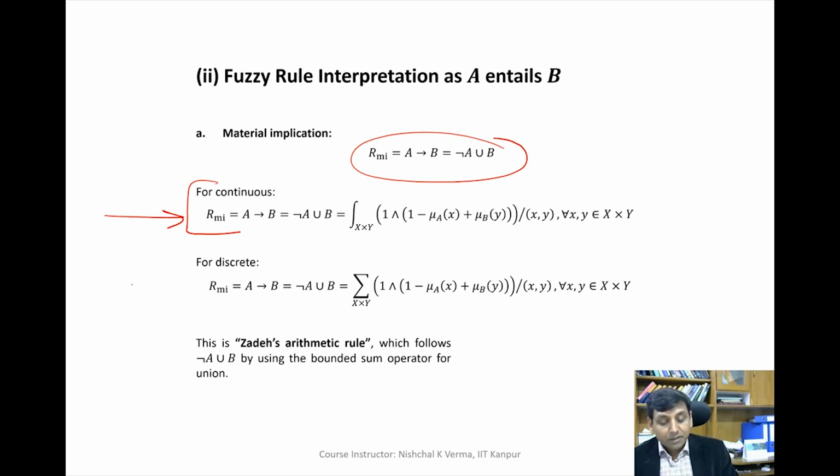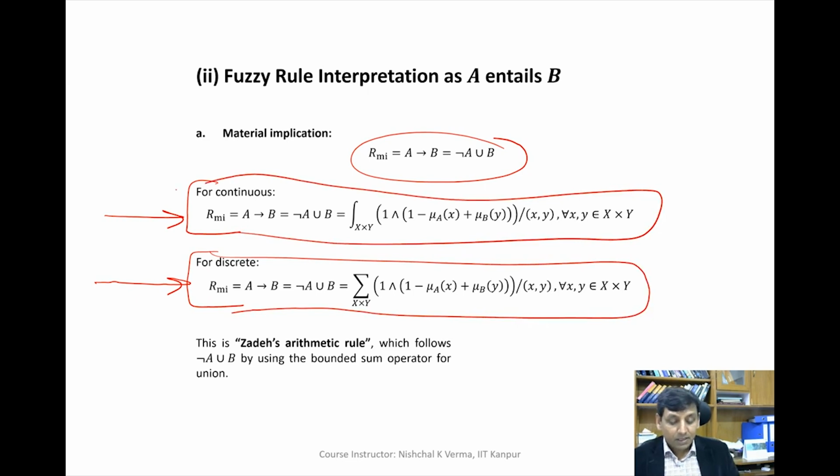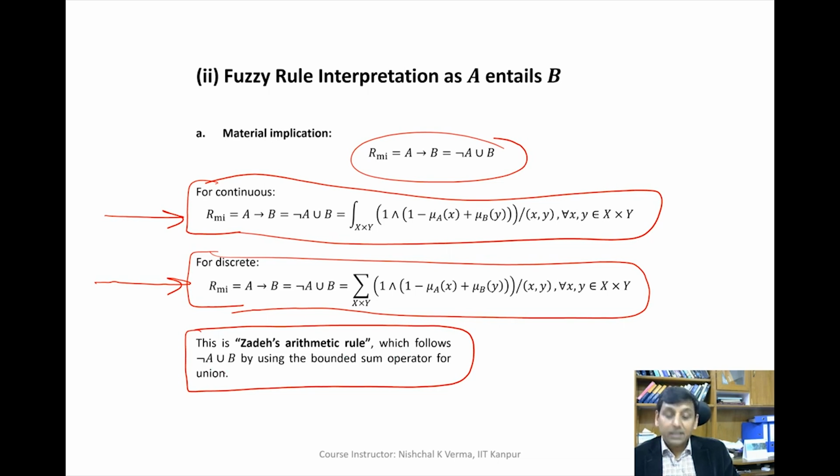And if we have a discrete fuzzy set, the R_MI for discrete fuzzy set will be expressed by this expression. Similarly, the continuous one will be this. So this is also called the Zadeh arithmetic rule. This is very important to note that the Zadeh arithmetic rule follows the negation of A union B by using the bounded sum operator for union.